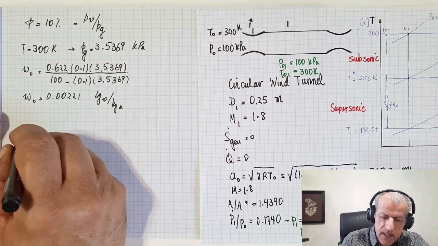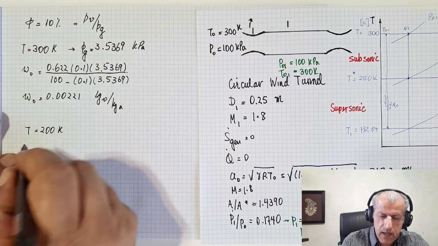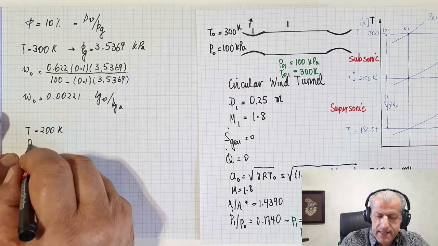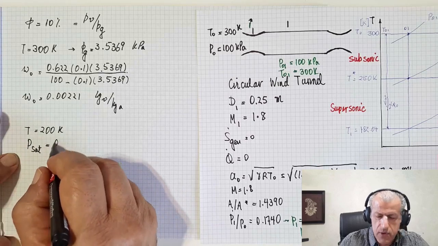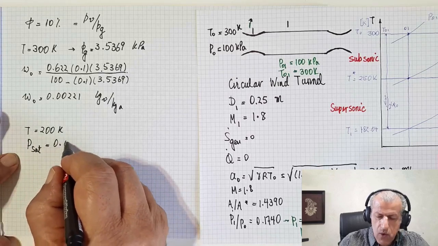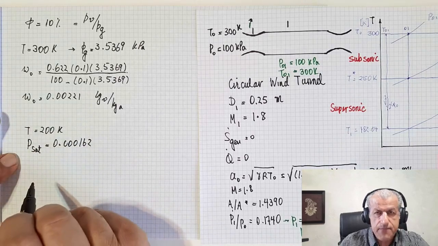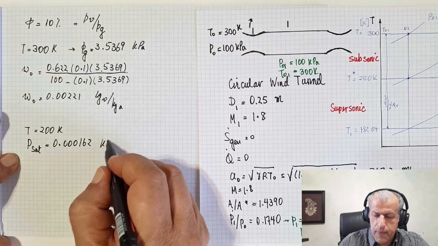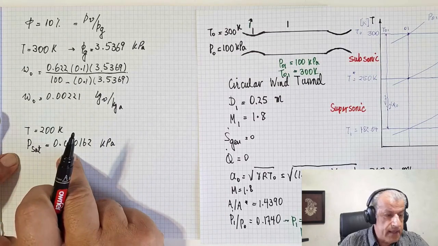At 200 Kelvin, T equals 200 Kelvin, Psat, the saturation pressure, is 0.00016 kilopascal.